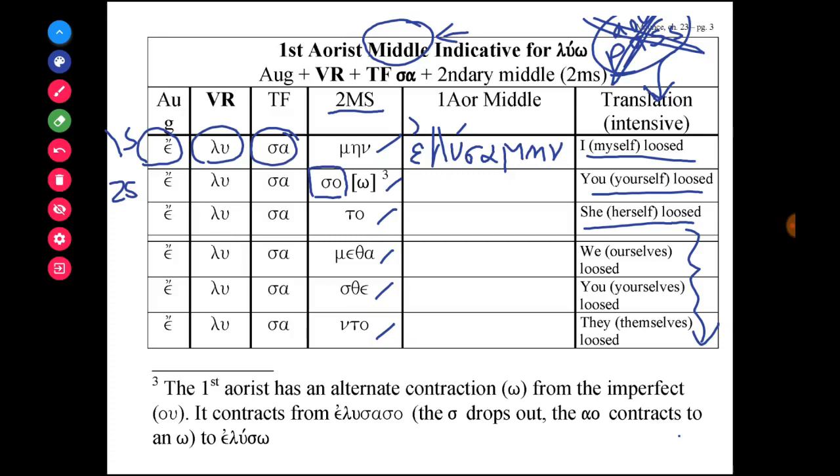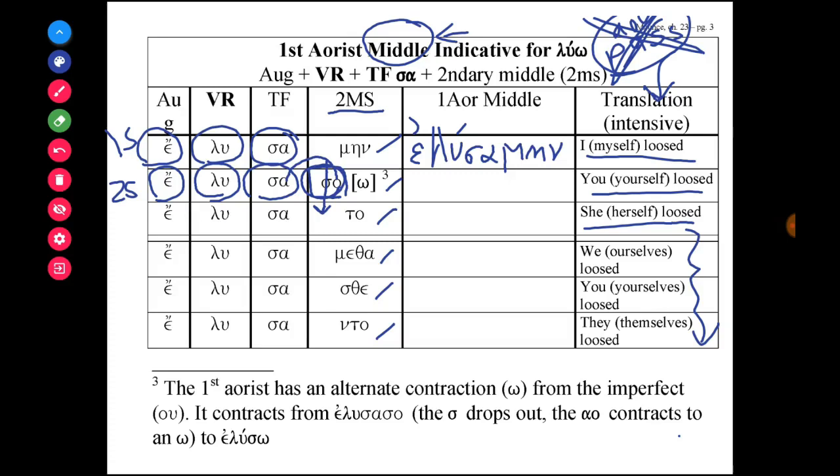How do I say you yourself loosed? Well, I would add the augment, the aorist stem or the verbal root, the sa tense formative, and I would add so to it. But because the sigma doesn't like being sandwiched between two vowels, we should expect that sigma to drop. And then we follow the big 5 rules. What happens when an alpha and omicron combine?